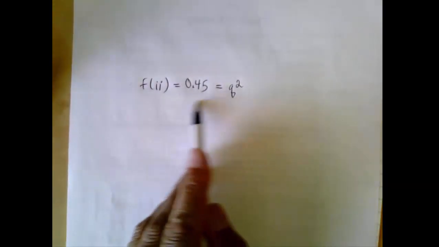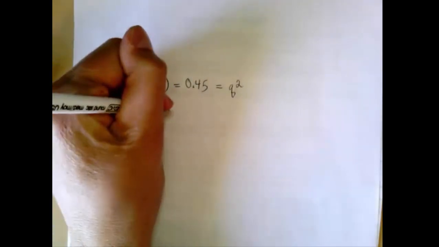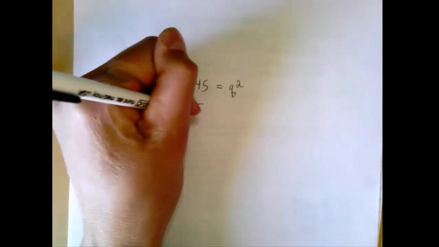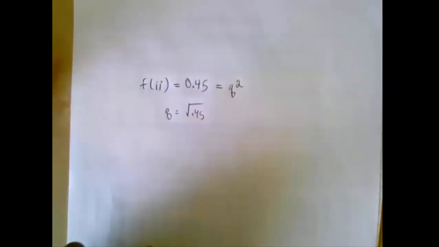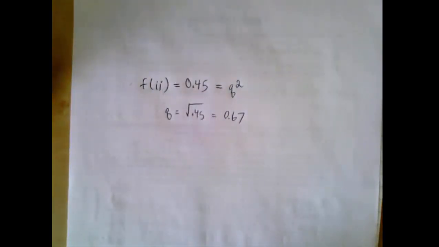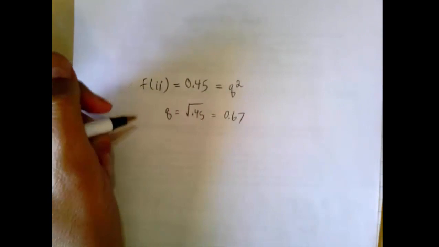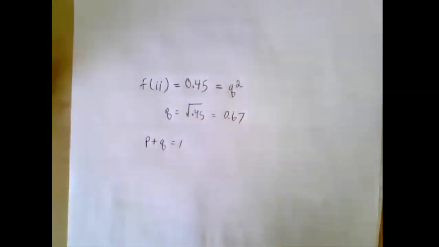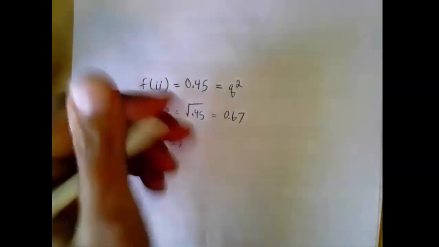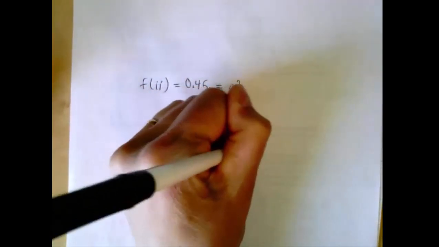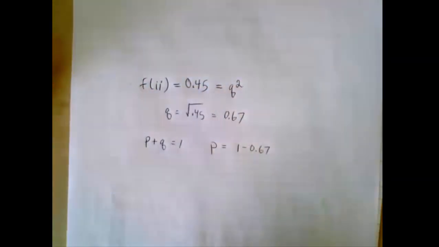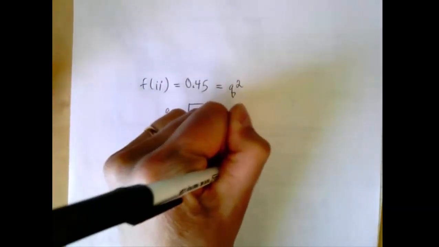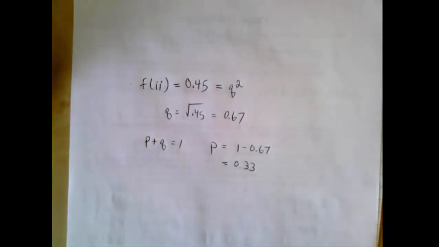Now that we have this formula, we can actually solve for q by taking the square root of 0.45, and that equals 0.67. Next, we'd like to solve for p, and so you need to remember that p plus q equals 1. And so p equals 1 minus 0.67, or 0.33.